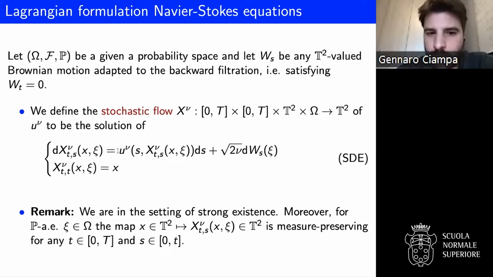So it is a smooth velocity field which is divergence free, and in this case we are in the setting of strong existence and pathwise uniqueness for X^nu, which means that we can find the solution of this SDE on every given probability space with any given adapted Brownian motion. So in particular, the probability space and the Brownian motion are not part of the solution. Moreover, this stochastic flow, thanks to the divergence-free property of the velocity, is measure preserving.